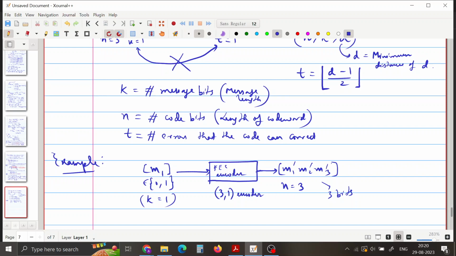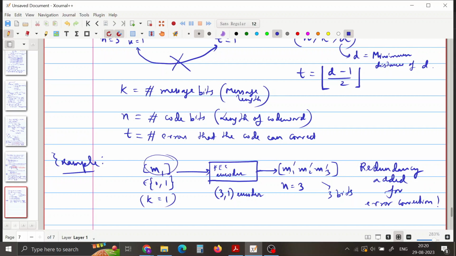So that's the idea, and you add this redundancy. Extra bits are added for error correction, so that I can protect my original message bit, which is M1.